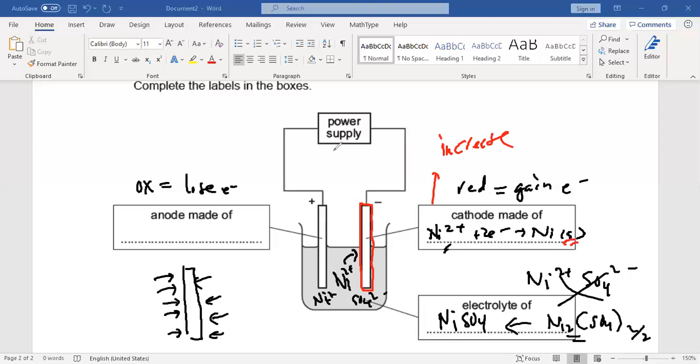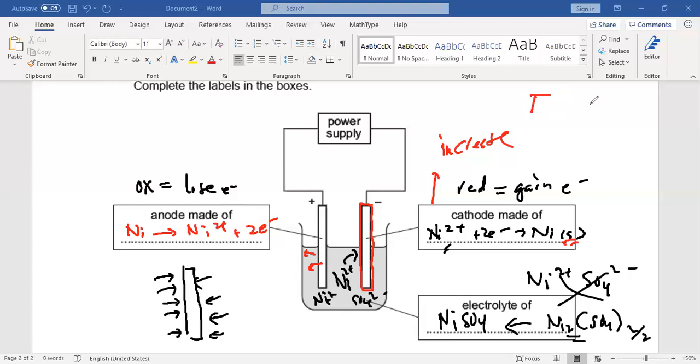Next, what happens here? Oxidation means losing electrons, so Ni becomes Ni2+ plus 2e-. The Ni2+ is released here, and while electrons go out from this electrode, it becomes positive. The reason why this one becomes positive is because electrons are liberated.